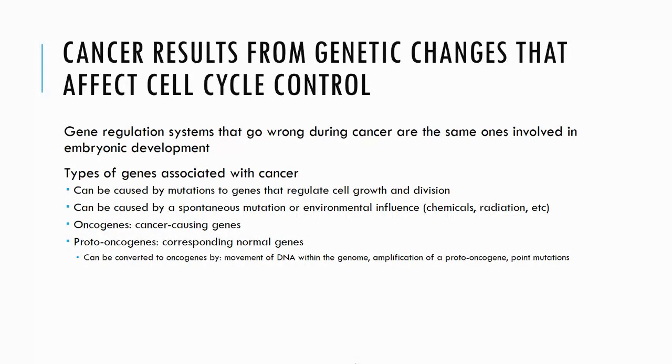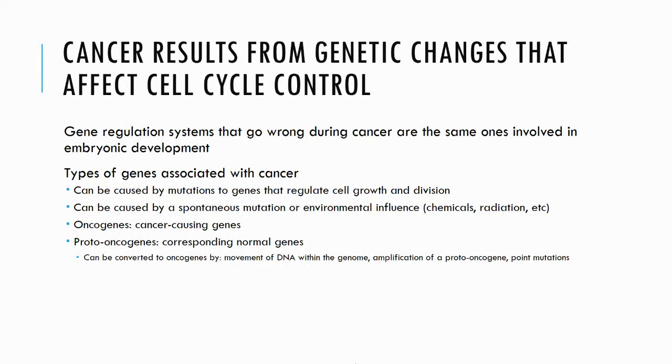And what we already know is that that can be caused by a spontaneous mutation that happens for seemingly no reason, or an environmental influence like from a chemical or UV radiation. Oncogenes are what we call cancer-causing genes, and proto-oncogenes are the corresponding normal genes.